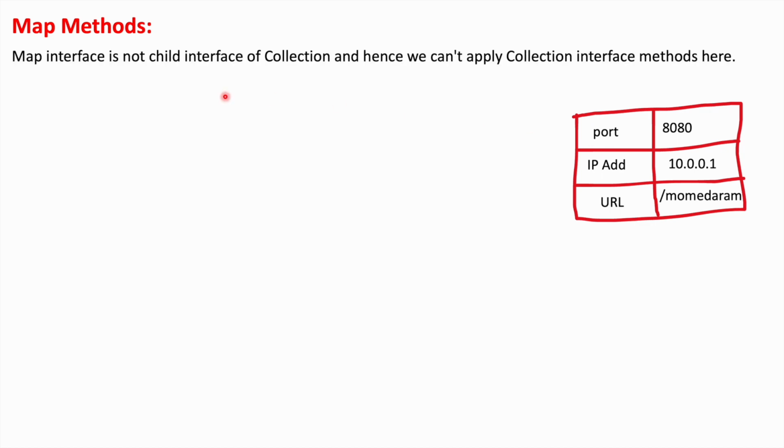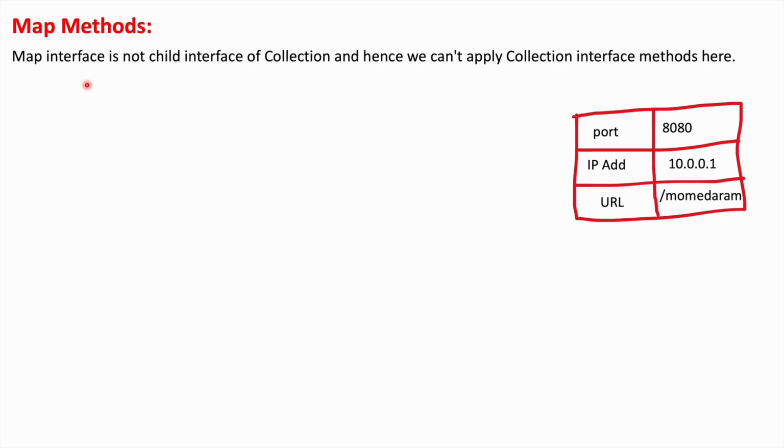As Map is not a child interface of Collection, we cannot apply Collection interface methods here. Map is a separate interface, so it has its own methods.